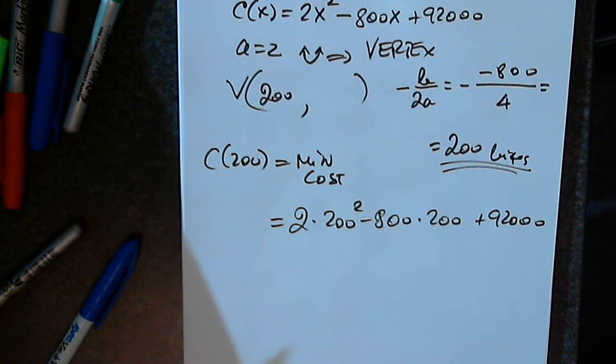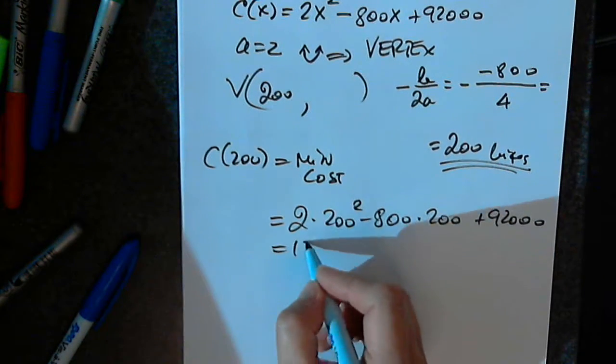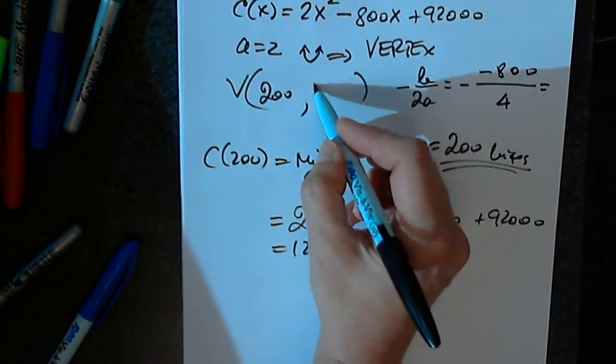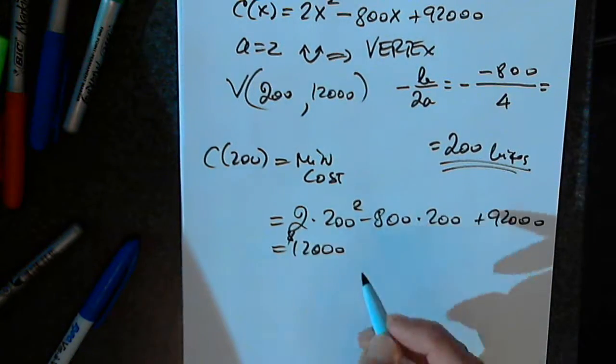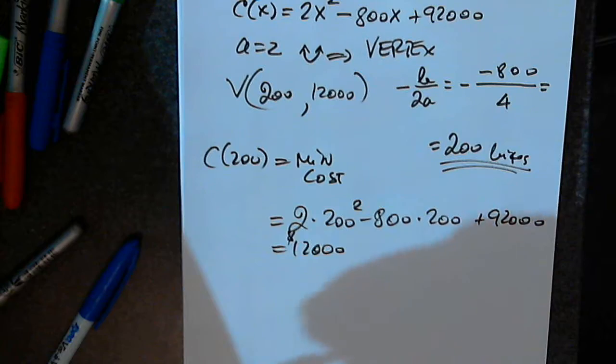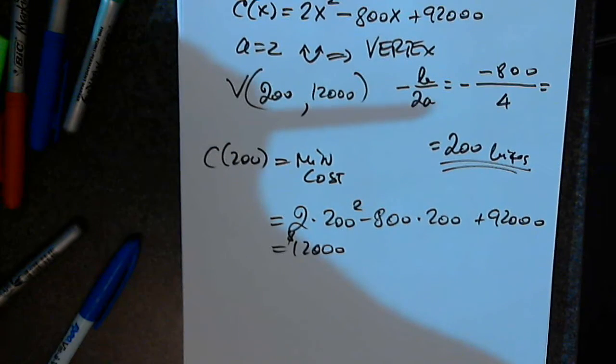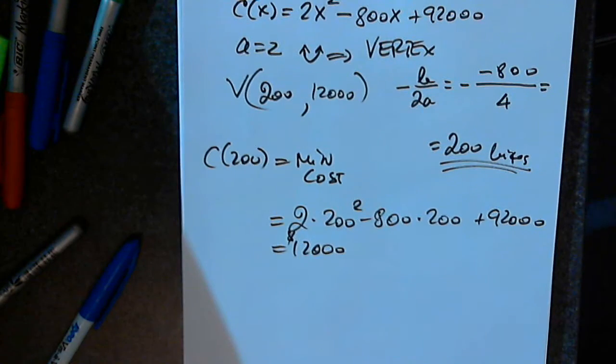So give me the minimum cost, please. 12,000. Say it again. 12,000. Is it? You calculated? Yeah. Very good. 12,000. So 12,000 here, minimum cost. Any questions?